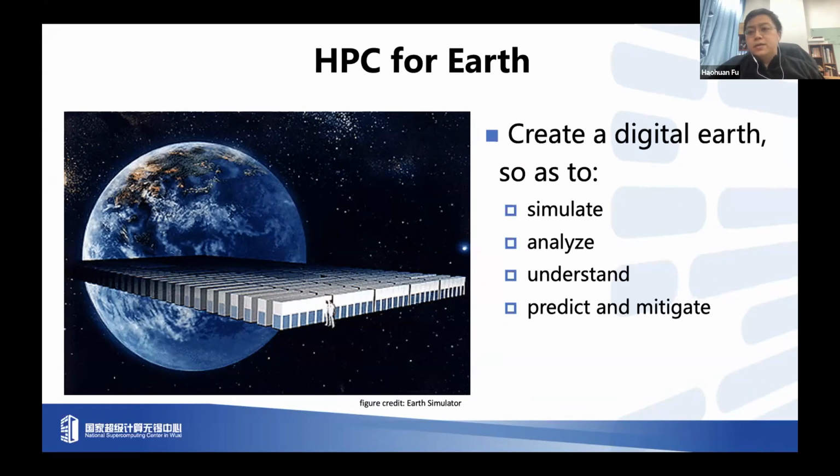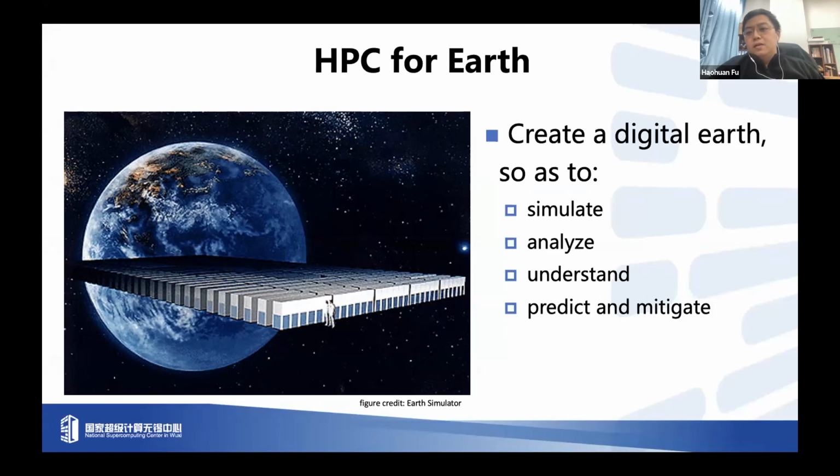This figure, I borrowed from the very famous Earth Simulator in Japan. I think this figure shows a very clear picture of what we want to do using supercomputers for geoscience problems.